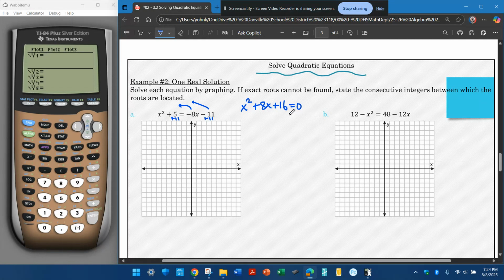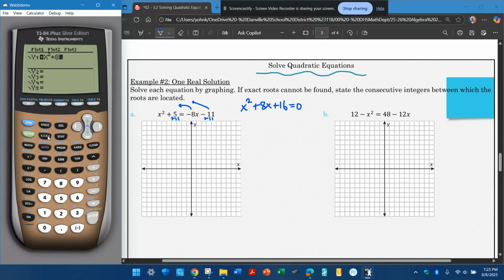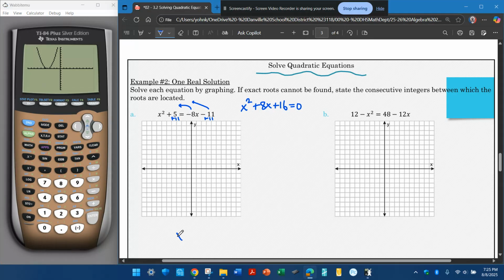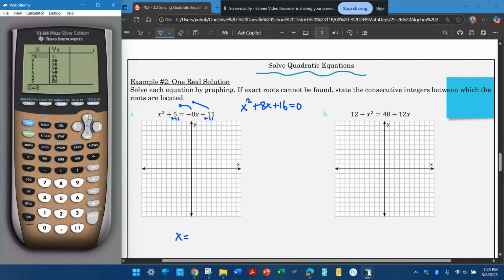Once I get an equals 0, I can jump over here to my calculator. x squared plus 8x plus 16. Hit graph. It's going to touch only one time over here on the negative side. So I'm going to have 1 x equals. And then let's go to the table, find in the negatives, oh, there it is, negative 4 comma 0.